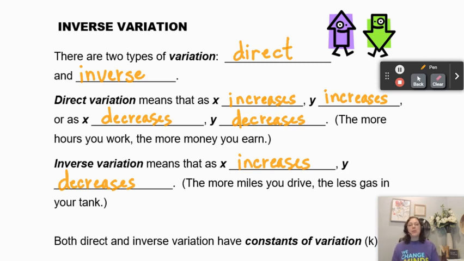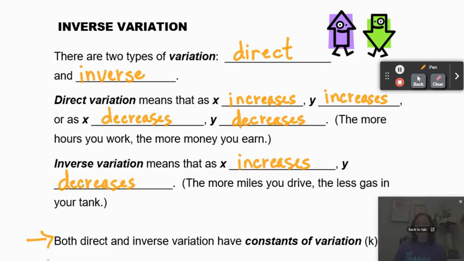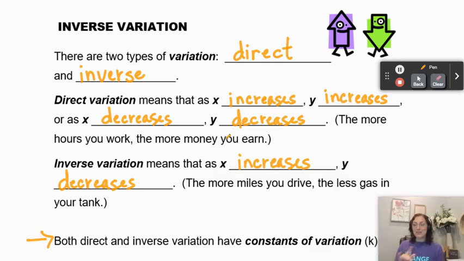Now, both direct and inverse variation have what we call constants of variation. And if you look at the phrase constants of variation, you don't see the letter K in it. But for some reason, we let the letter K stand for the constants of variation. I'm going to show you how we use that in direct variation next.